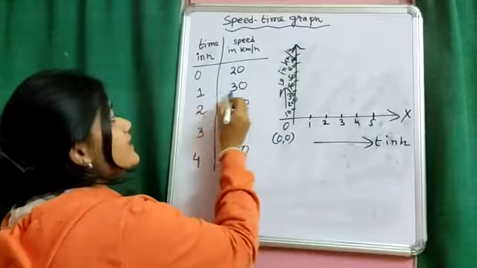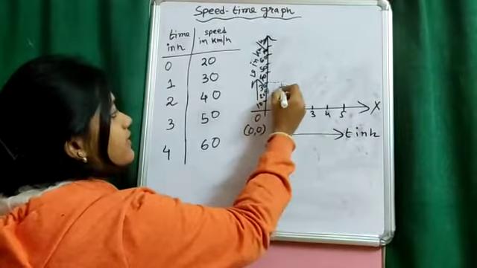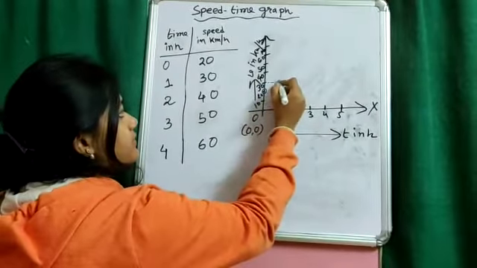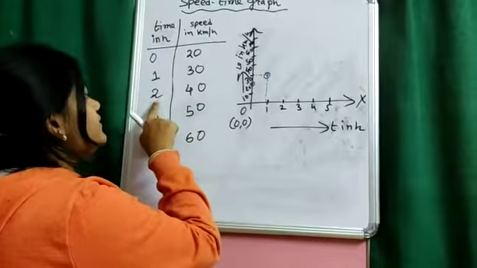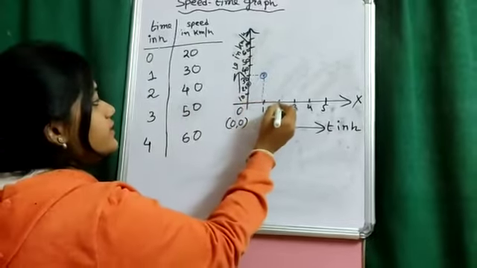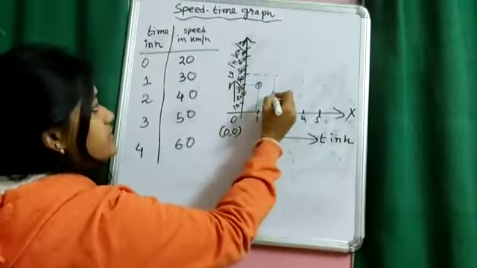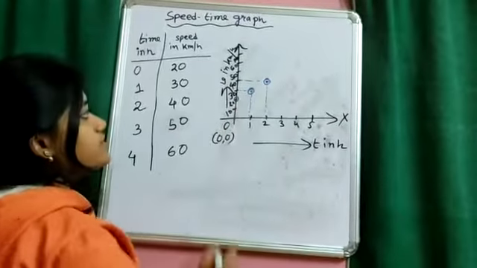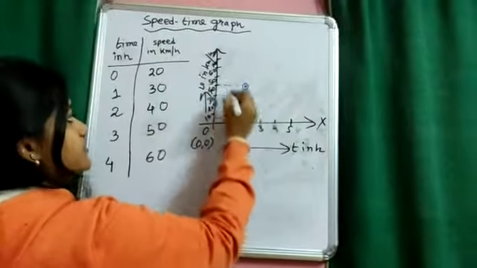Second point 1, 30. So this point I am having. Third one 2, 40. So at 2, here is 40, so the point is this one. Then 3, 50.